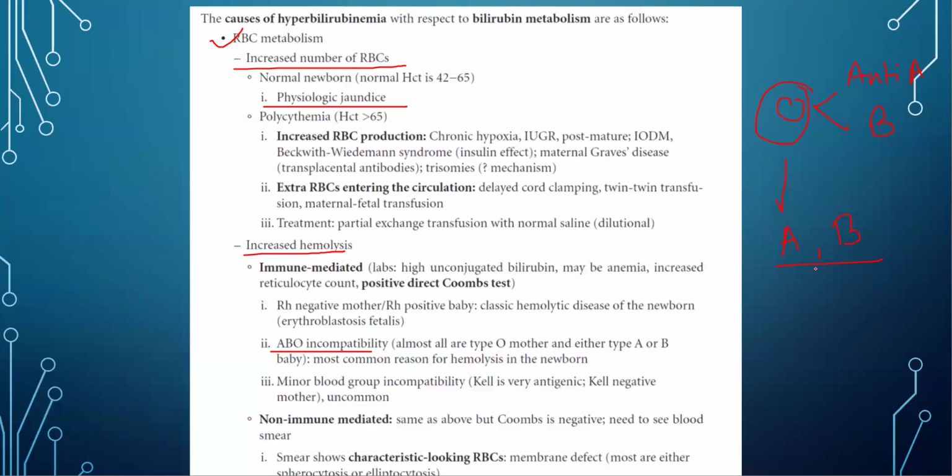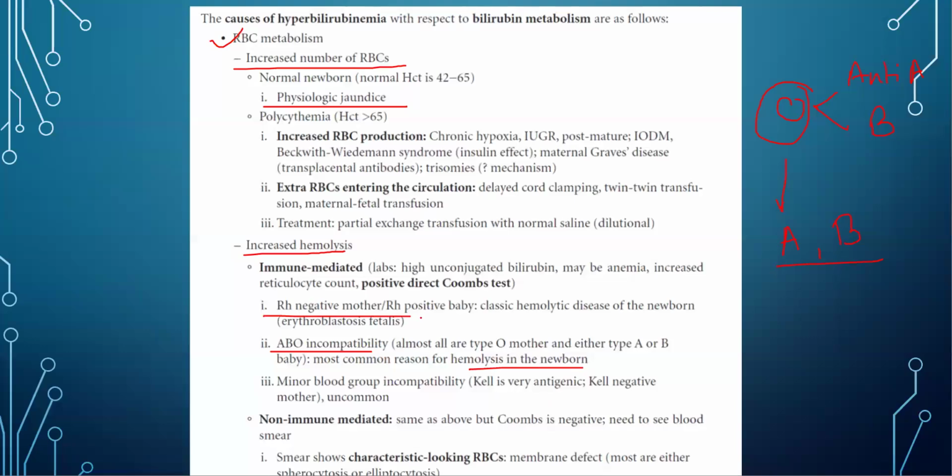That can cause hemolysis and this high bilirubin. So that's ABO incompatibility, when the mother's blood is O and the child's blood is either A or B. It is one of the most common causes of hemolysis in children.